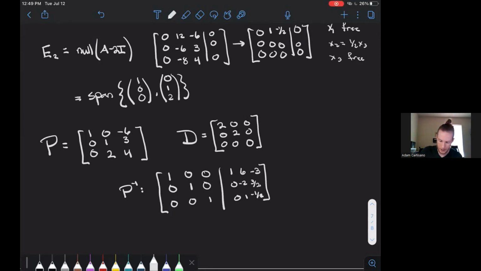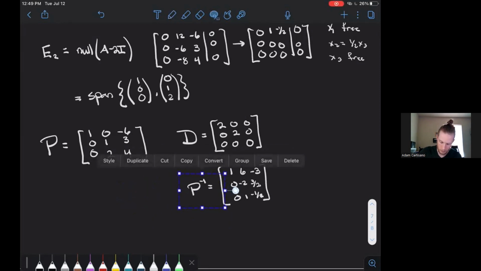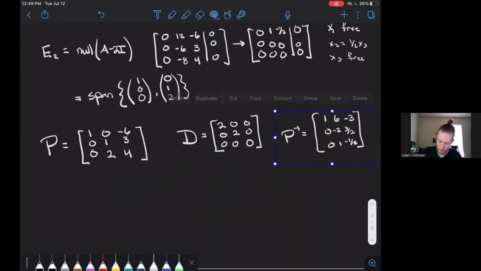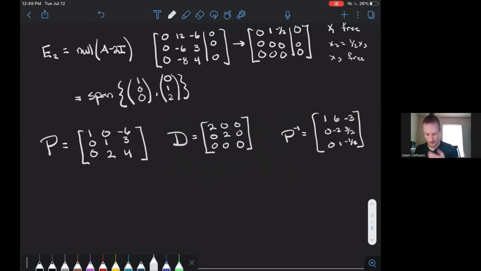Great. So P inverse is this matrix. Technology is very nice for this.